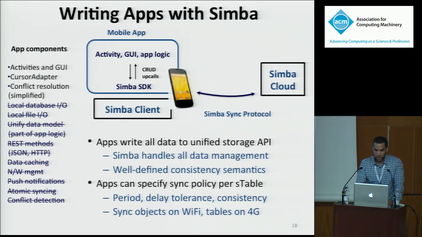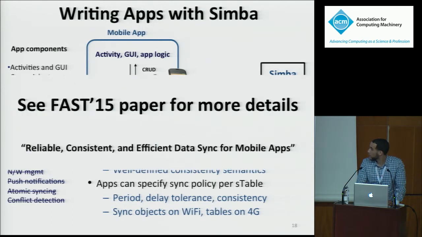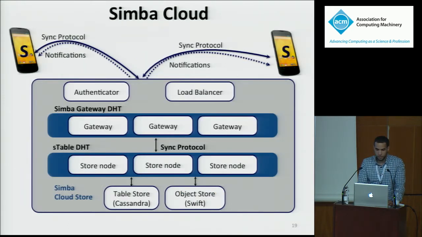Simba provides all the features that I previously talked about, but the takeaway is that most of the things that we saw on the left in the original app development slide are now handled by Simba, and the developer can focus on the core logic of his app. If you're interested in more details about the Simba client, please check out our FAST paper titled Reliable, Consistent, and Efficient Data Sync for Mobile Apps. This is from FAST 15. But in this talk, I'll dive into the Simba Cloud.